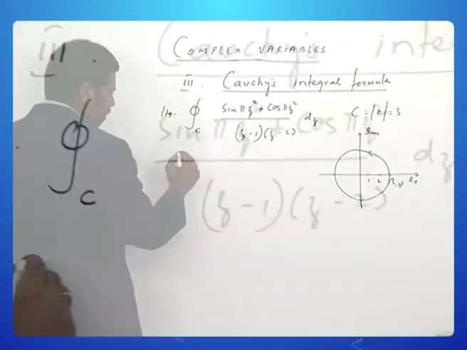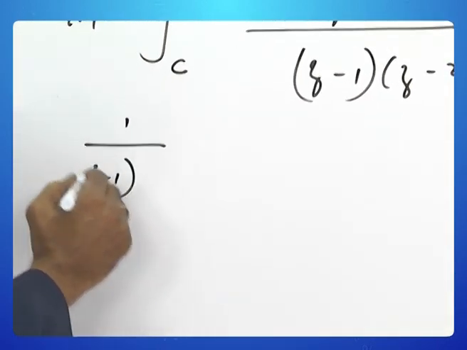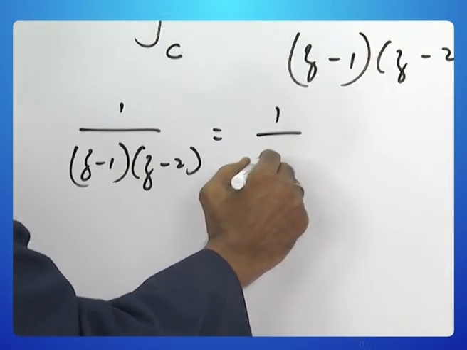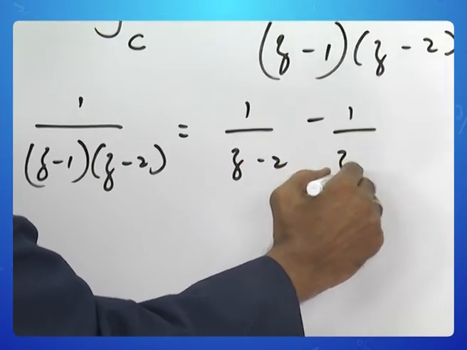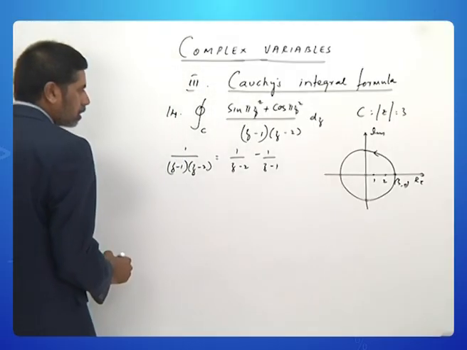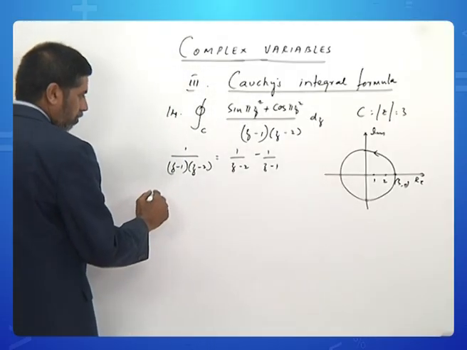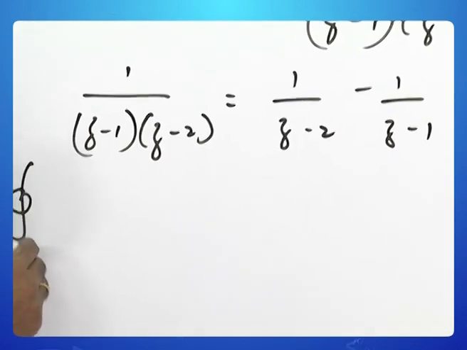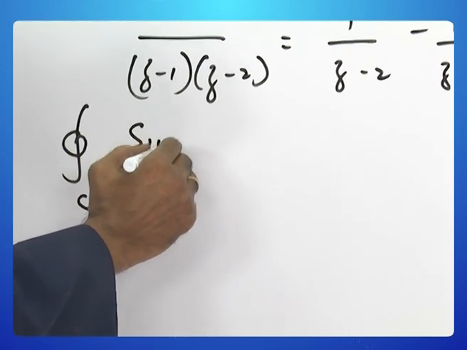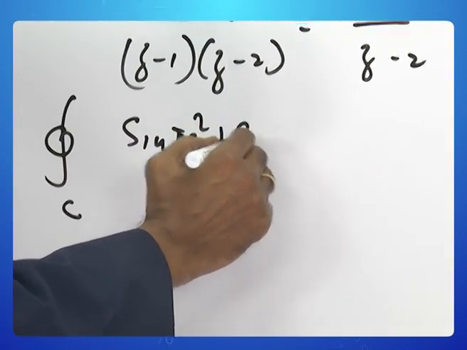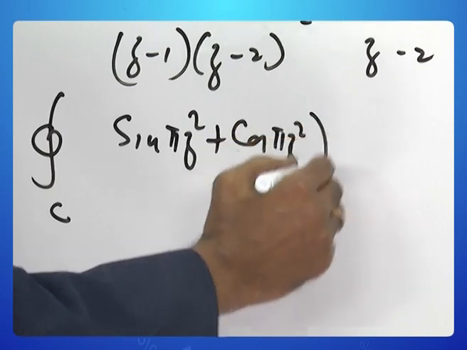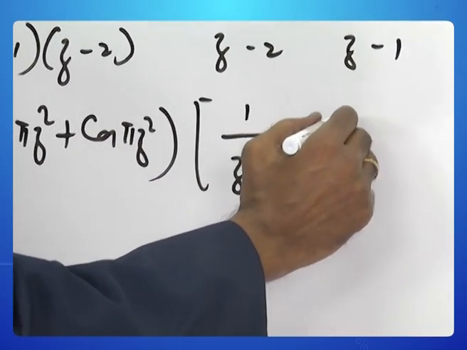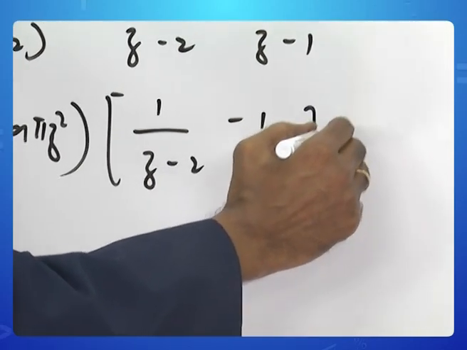So, again you take partial fractions of this function, you will get 1 by (z minus 2) minus 1 by (z minus 1). So, therefore, the problem is now (sin pi z squared plus cos pi z squared) into (1 by z minus 2 minus 1 by z minus 1) dz.